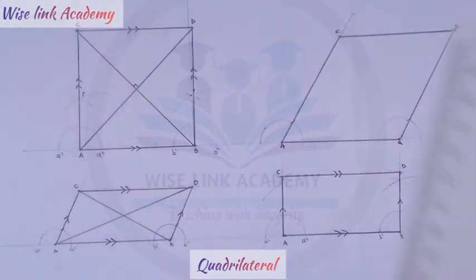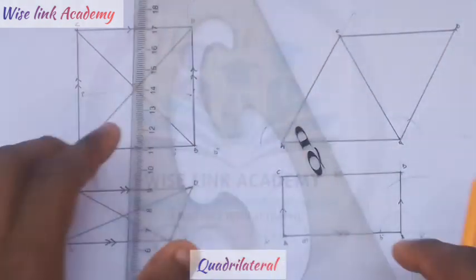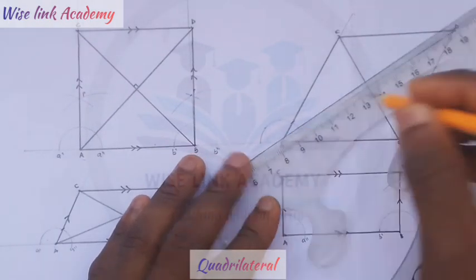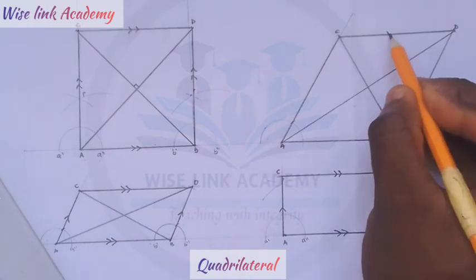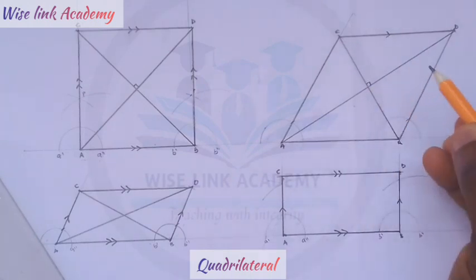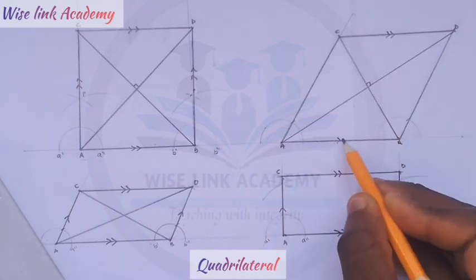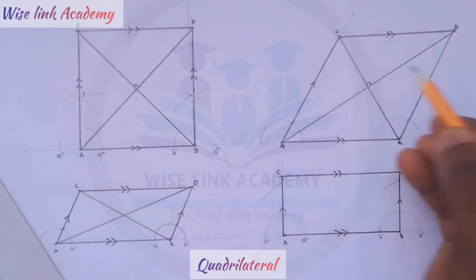So note that the diagonal line of the rhombus also forms 90 degrees. See 90 degrees this way. So the diagonal forms 90 degrees. Here to here and here to here are equal to each other.